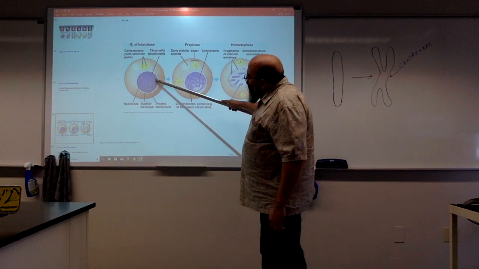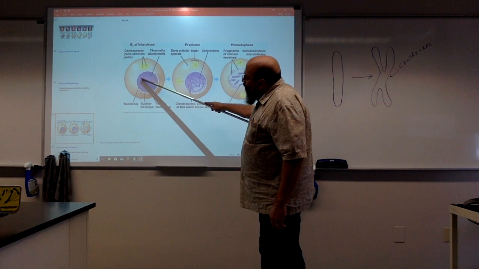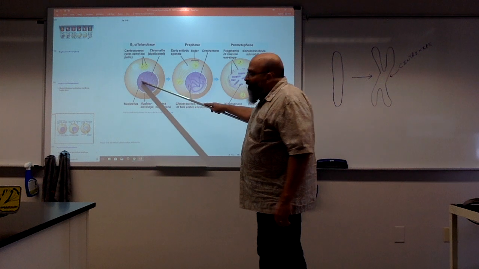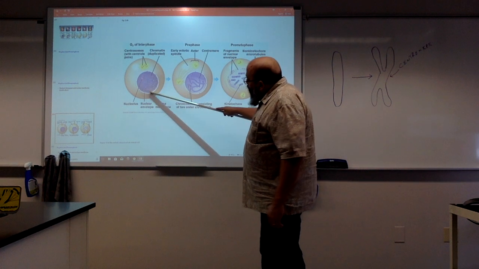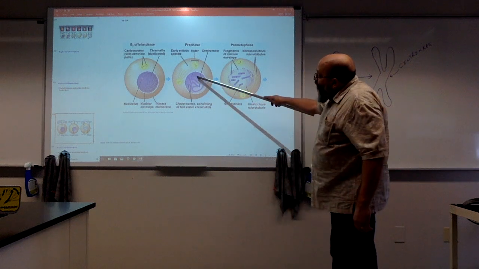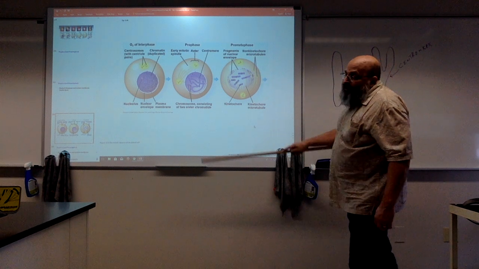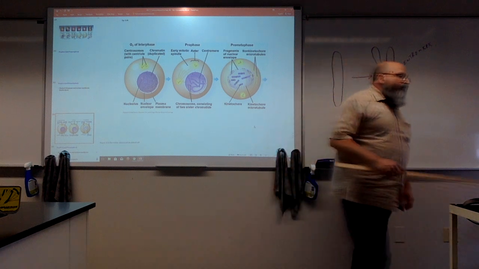Here is G2 of interphase. See, it still has the nucleolus present in the nucleus in G2, and the nuclear membrane is intact. Well, in prophase, the nucleolus is gone, and the nuclear membrane breaks down.